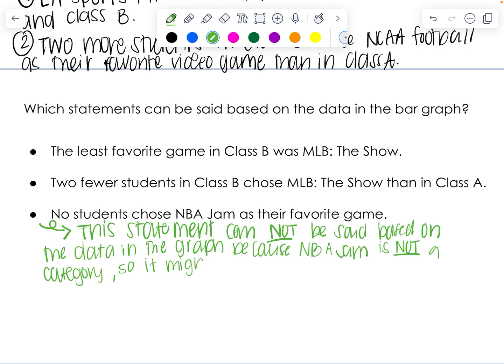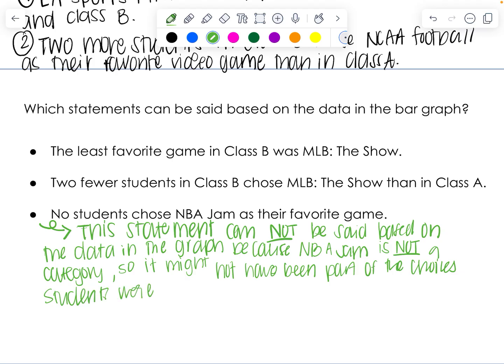It might not have been part of the choices students were given to choose from for their favorite game. Yes, I know it's a lot, but I want to be able to support what I say.